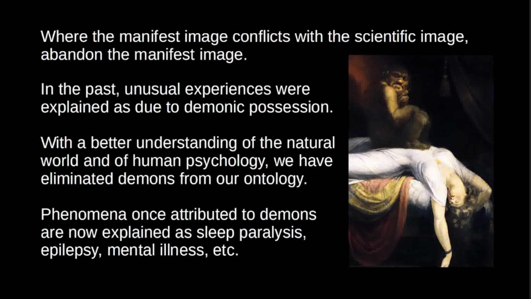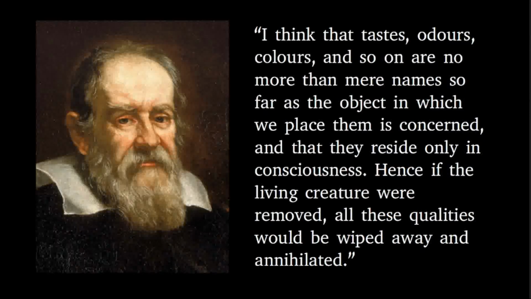Since the scientific revolution, philosophers and scientists have suggested that colour and other perceptual qualities do not really exist. They're a kind of illusion, mere appearances in the mind of the perceiver. Galileo sums up this position very nicely when he says, and I quote, "I think that tastes, odours, colours, and so on are no more than mere names, so far as the object in which we place them is concerned, and that they reside only in consciousness.